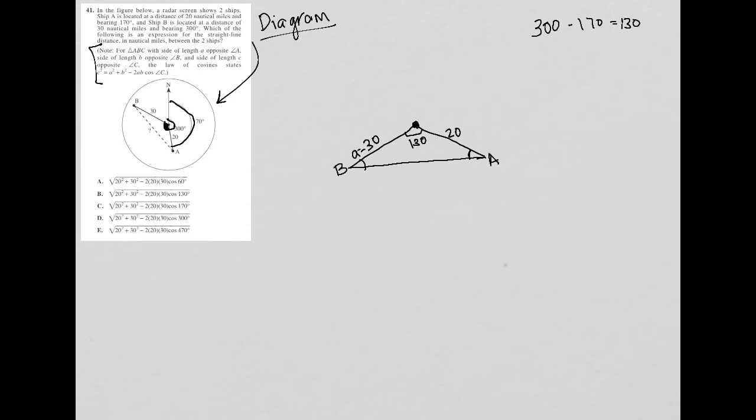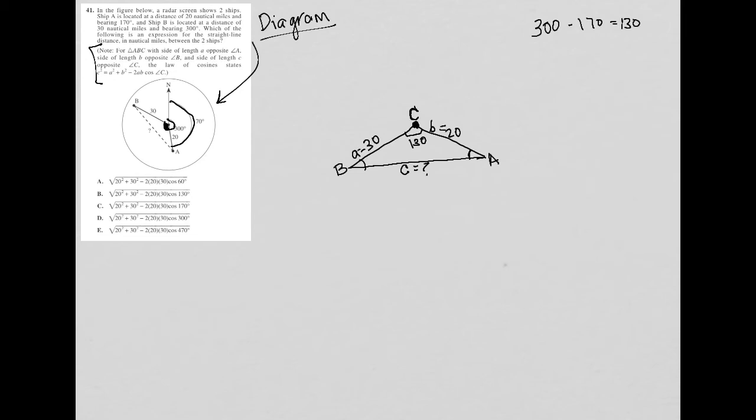So I'm relating everything that I read to my diagram. Side of length B opposite of angle B, so that means this is side B. And although it's not in the diagram, the note mentions this is triangle ABC, so I'm going to call this angle C, which means this would be side C, which is the part I'm trying to find. So side of length C is opposite of angle C.